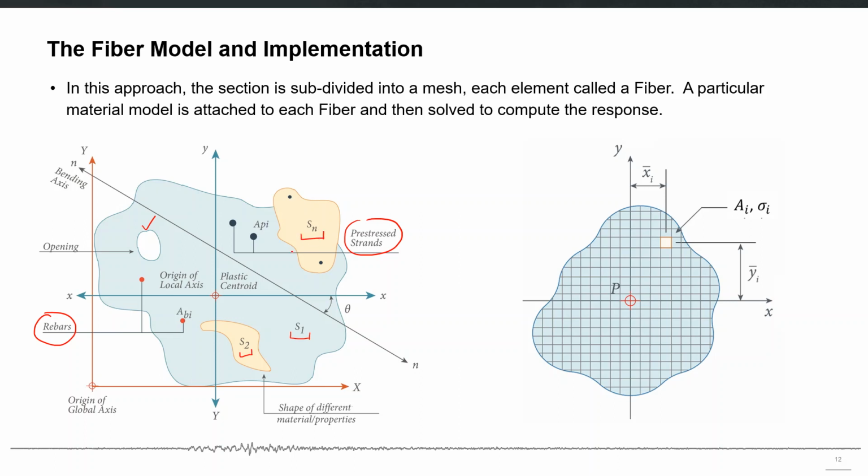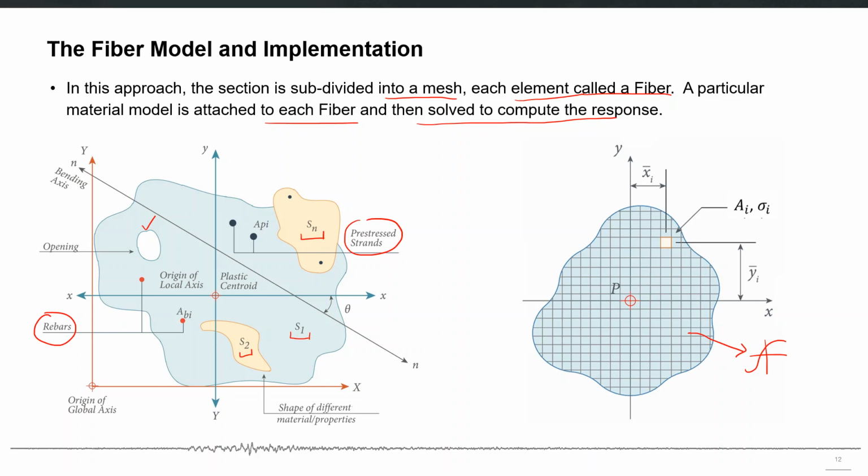So any possible complex cross section which you can think of can be discretized or subdivided into a mesh, and each element of that mesh will be called a fiber. A particular material model is attached to each fiber and then solved to compute the response. So for example, for each of these boxes or fibers, you can assign a stress strain relationship, and that relationship will be used to compute the axial flexural resultant forces or the cross-sectional response.